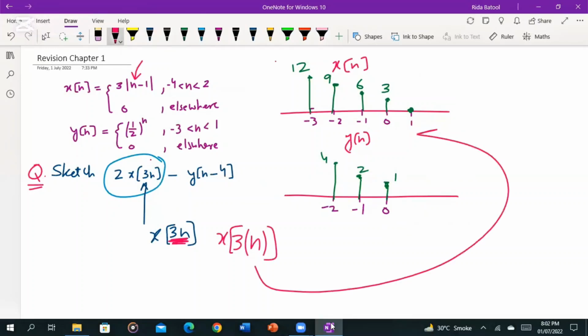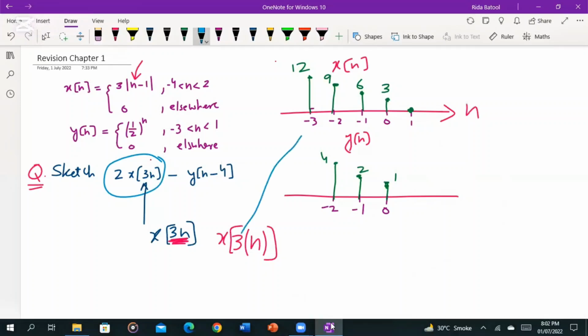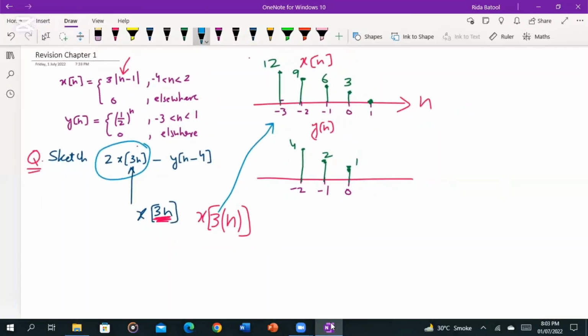So these are the values of n: -3, -2, -1, 0, 1. Now, when you multiply 3 with -3, what will you get? That is -9. So it means the first sample of x of n will now exist at -9.